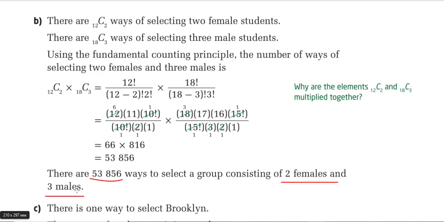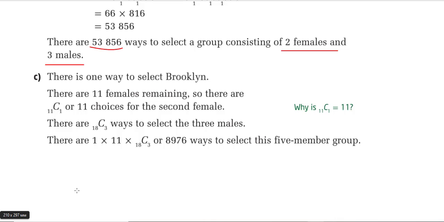We need to find this number of ways. So there is one way to select Brooklyn, and there are 11 females remaining, because we have 12 females all together, so if one of them is Brooklyn, we have 11 females.